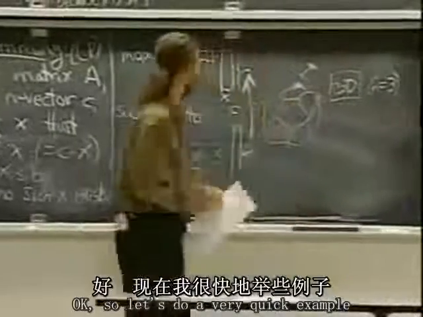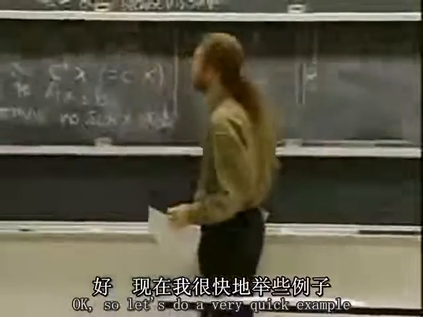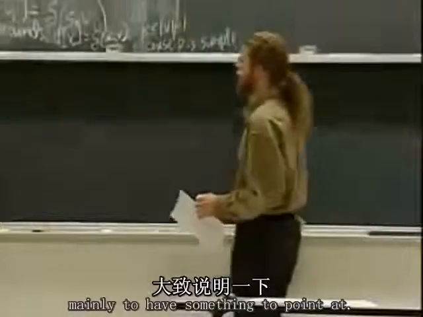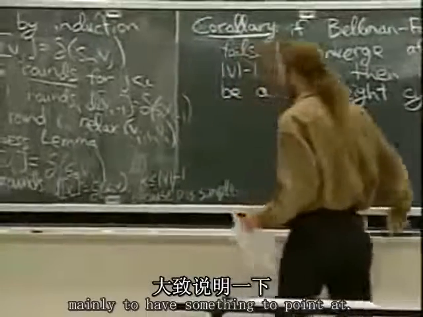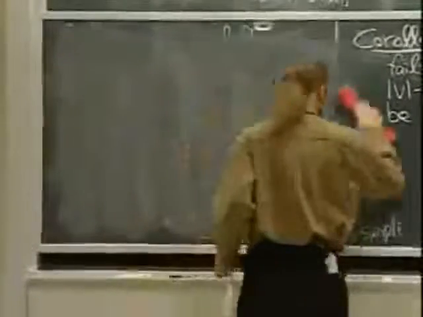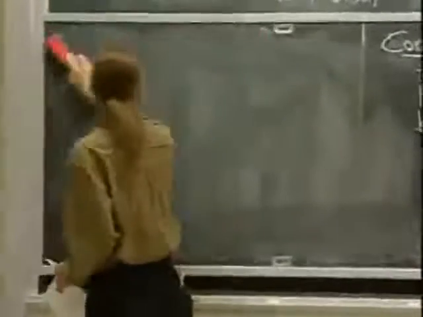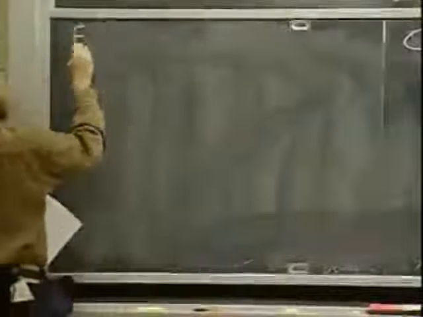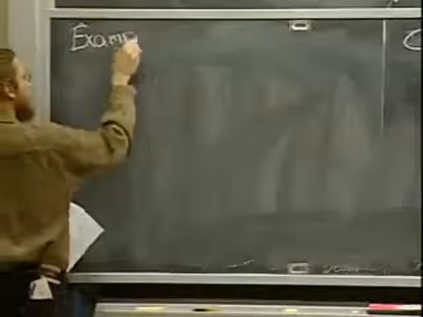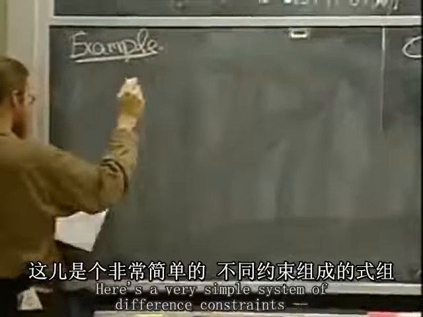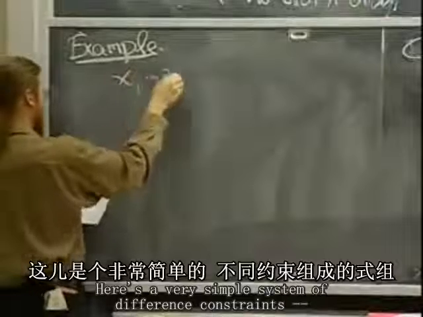Okay, so let's do a very quick example, mainly to have something to point at. So here's a very simple system of difference constraints.